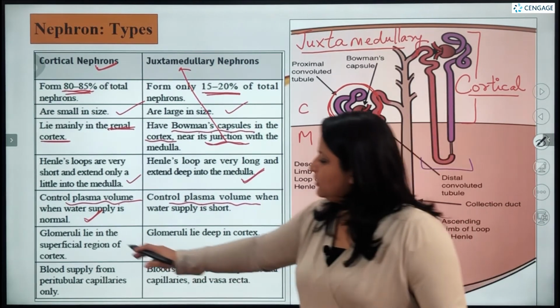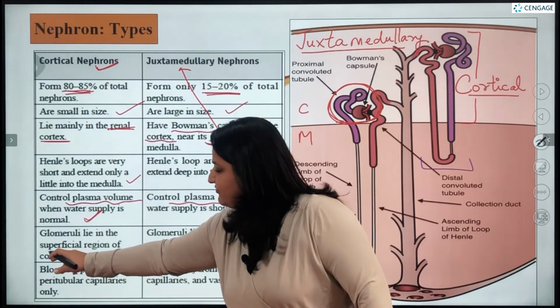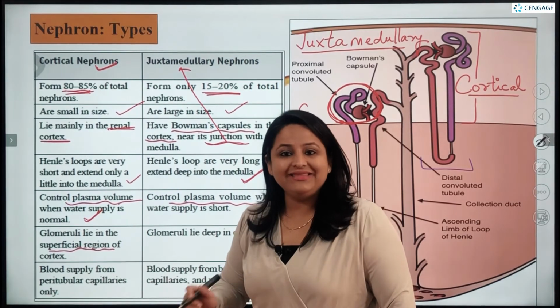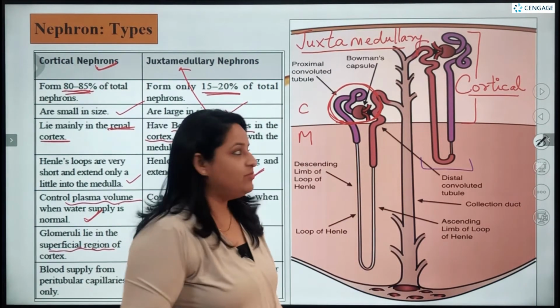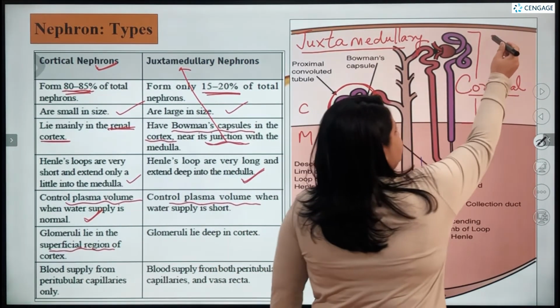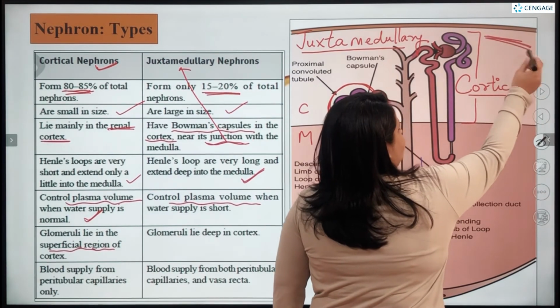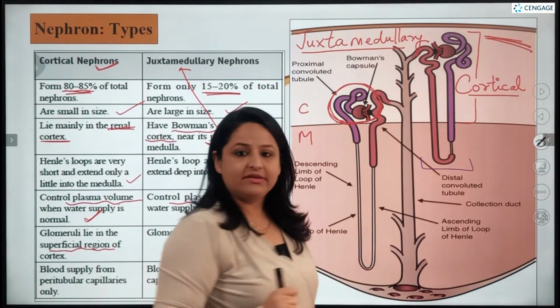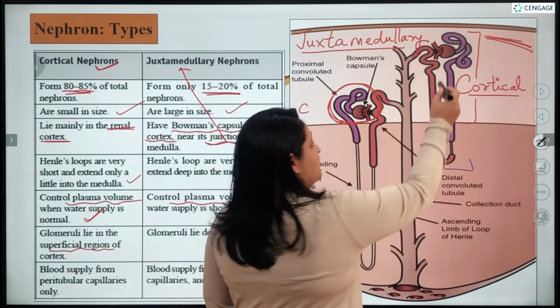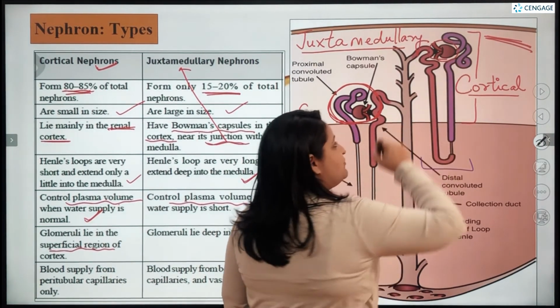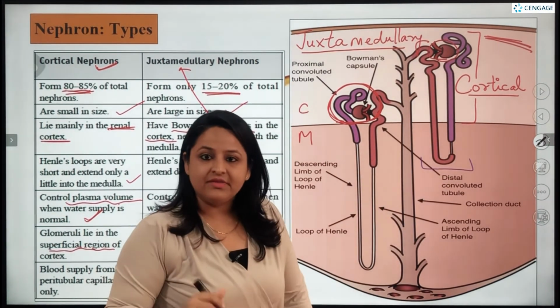Then the glomeruli lie in the superficial region of the cortex in the cortical nephrons. So you can see over here, the upper portion of the cortex is known as the superficial area. So we can say the glomerulus lies here in the superficial area of the cortex.